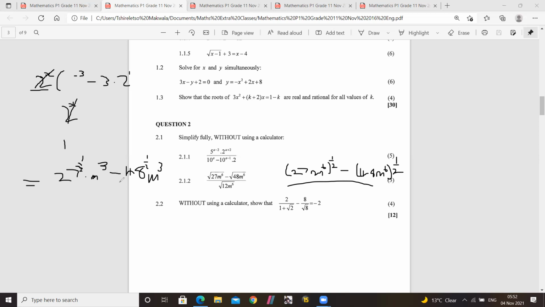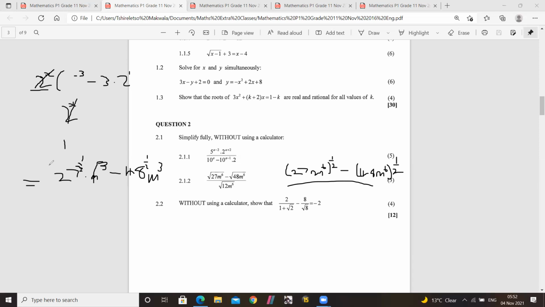What you're going to do here, because m and m to the power of 3 are the same, is take out the common factor. So this is the common factor, m to the power of 3, take out m to the power of 3. Even in the denominator, you're going to have m to the power of 3.